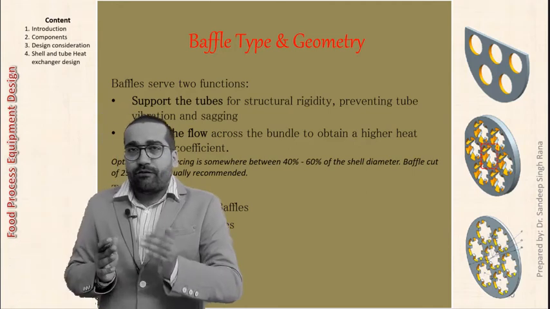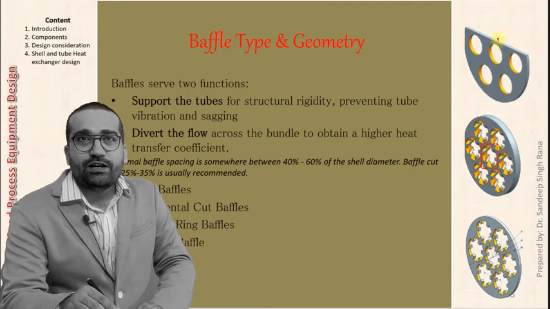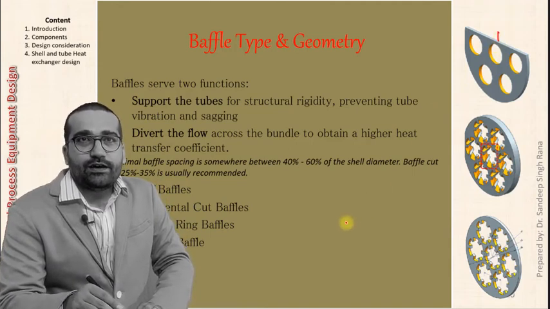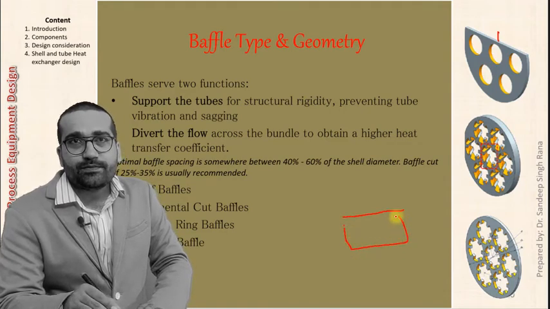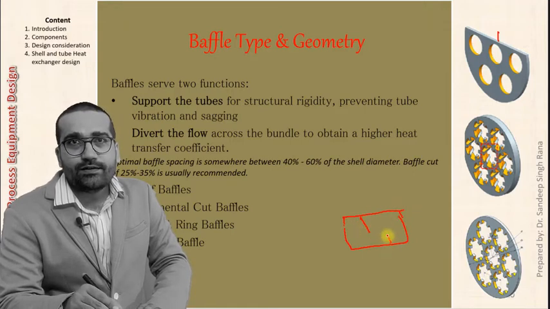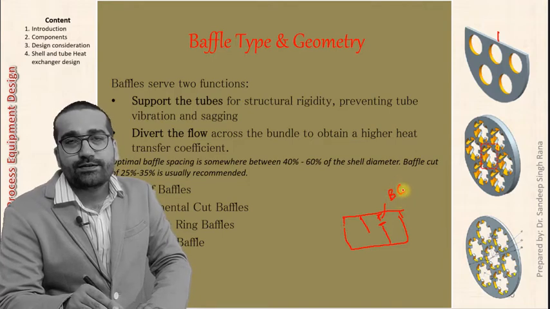And what do we mean by a baffle cut? Here we see the baffle cut. If we look here, a shell and tube type heat exchanger looks like this. Inside this, the baffles will be like 1 and 2.